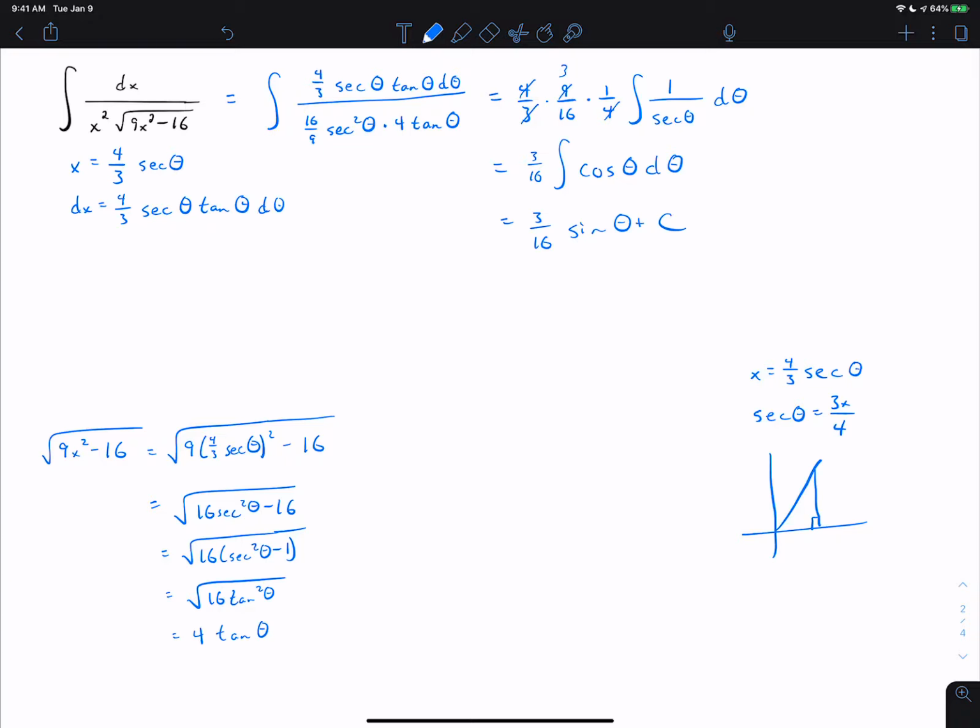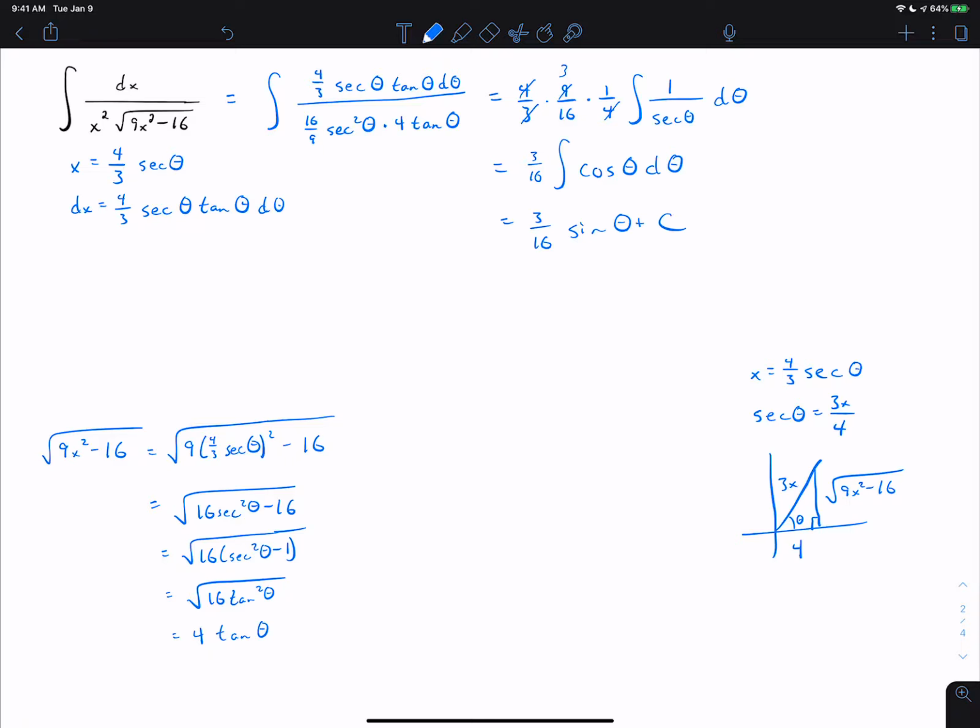Secant is r over x, or hypotenuse over adjacent, which means I can label this as 3x and I can label that as 4. The other side then is the square root of 9x squared minus 16, because it's the hypotenuse squared minus the other side squared, and then we take the square root.